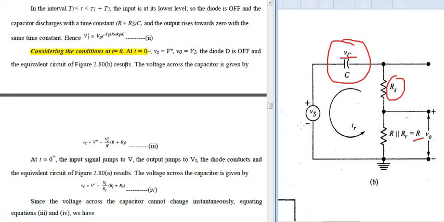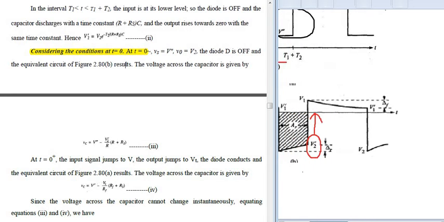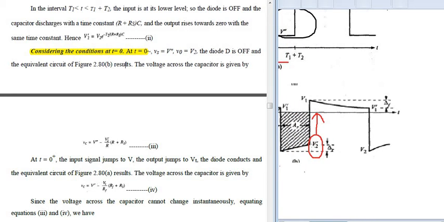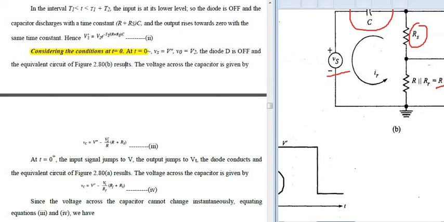This is the source voltage Vs, which you have considered here as V double dash. So the voltage across the capacitance Vc is V double dash minus V2 dash. Why are we considering V2 dash? See the waveform, this is V2 dash because your output is moving towards 0. So that's the reason we are going for that.